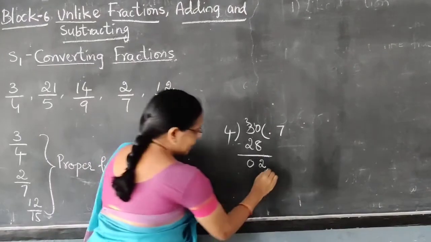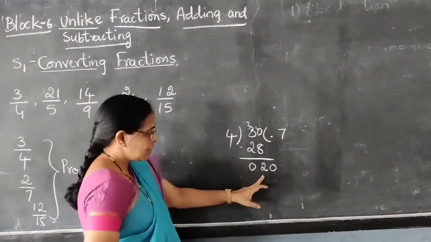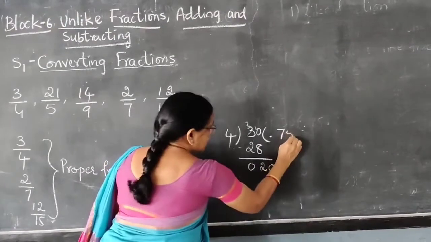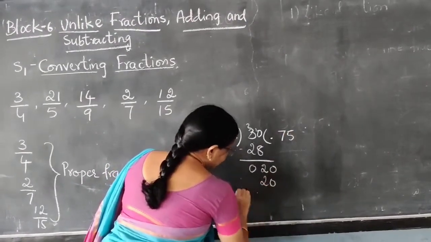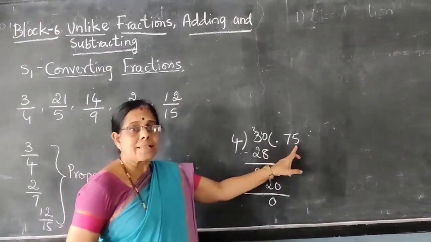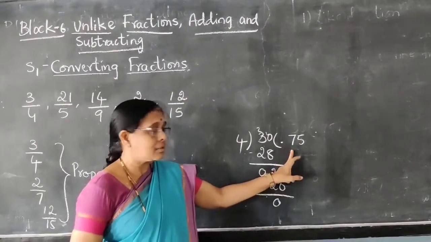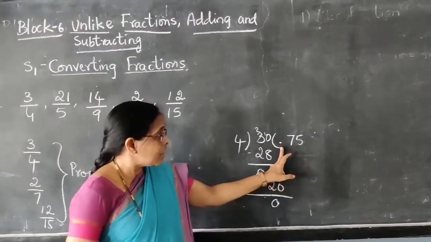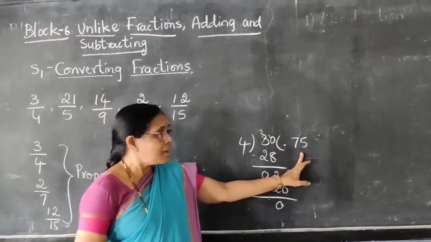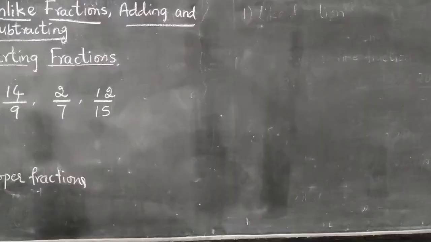I will take one more 0 because we already put the point here. Now 20. 4 fives are 20. 0. So 0.75 is the answer. It is a decimal number, so 0.75 is less than 1, children.